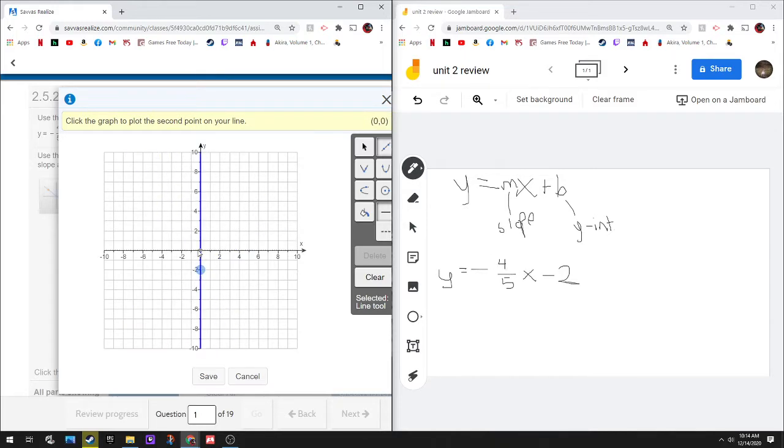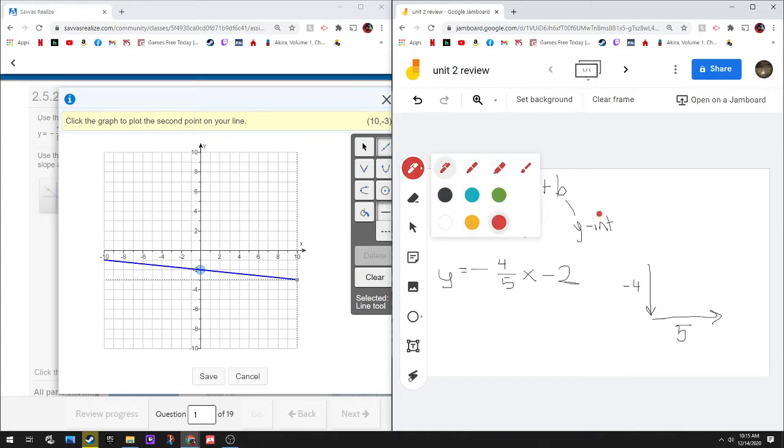There's two ways that we can count this. One way is we start here and go down 4, because that would be -4, and then to the right 5. The other way is we could go up 4 and to the left 5, because then that would be -5.